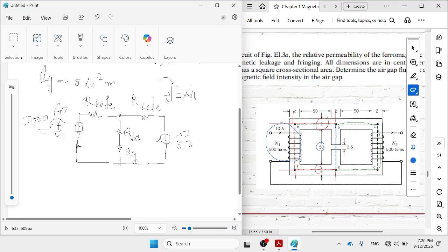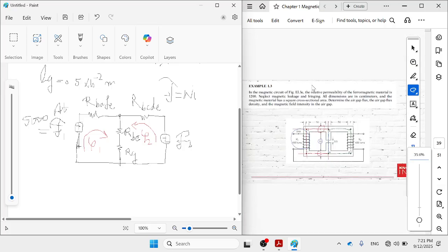Here, this is flux number two, and this is flux number one. So it is very clear that we should find everything here in this way using KCL. Is it? Yes.